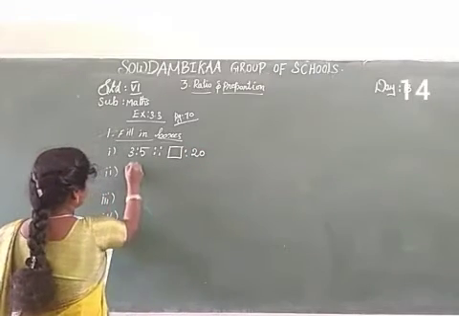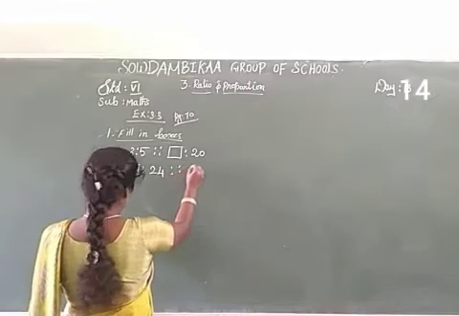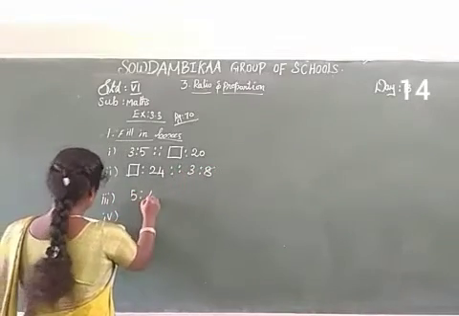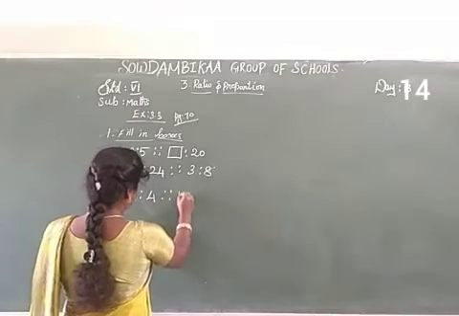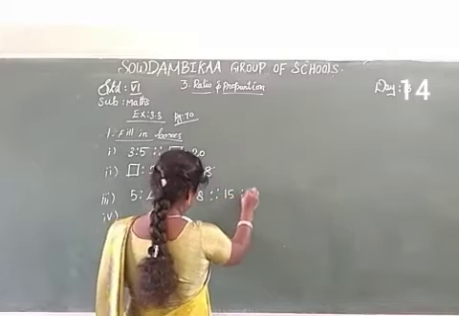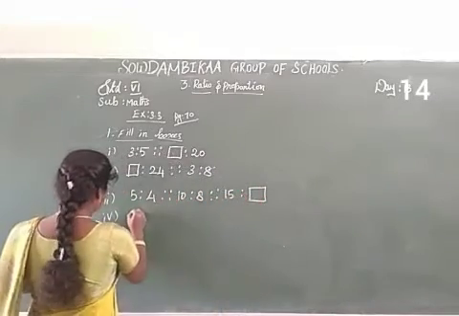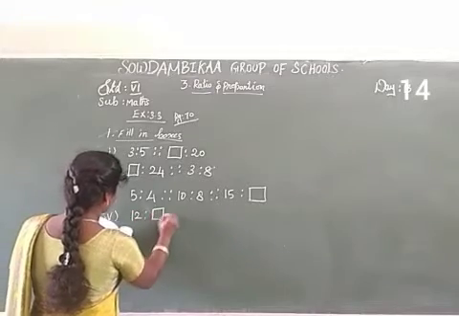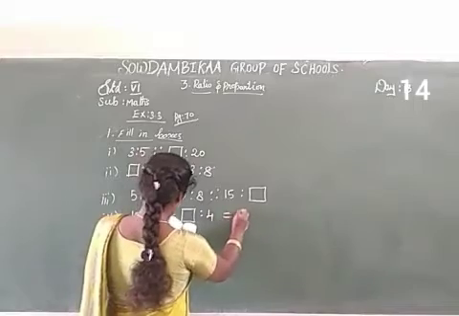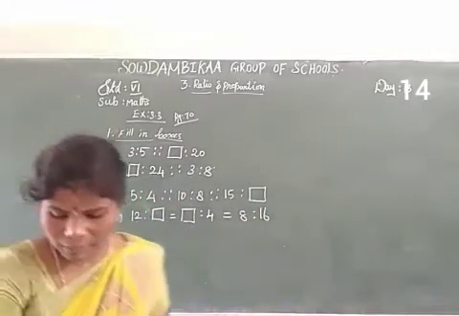The second sum: dash is to 20, 24, 3 is to 8. 5 is to 4 is equal to 10 is to 8 is equal to 15 is to dash. Next, the fourth one: 12 is to dash equal to dash, is equal to 4 is to 8 is to 16. Now find the answer.